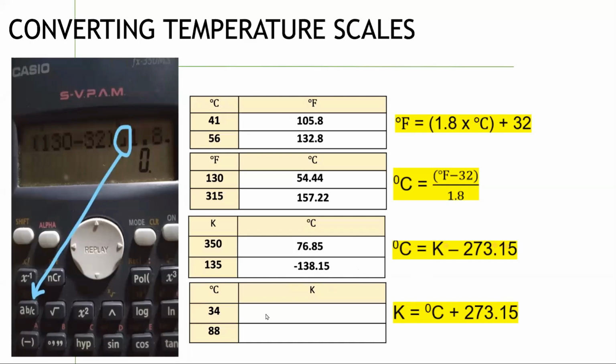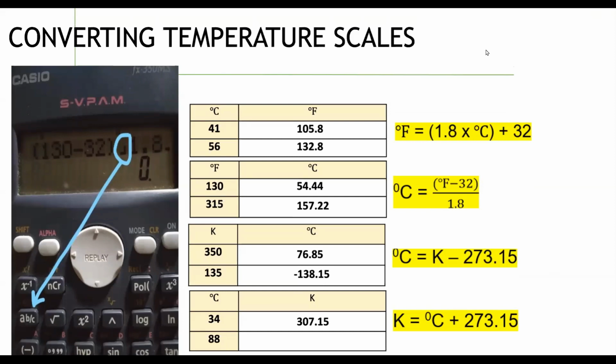The last one is Celsius to Kelvin. Celsius plus 273.15. You just have to add. Start with 34. The answer is 307.15. Okay.